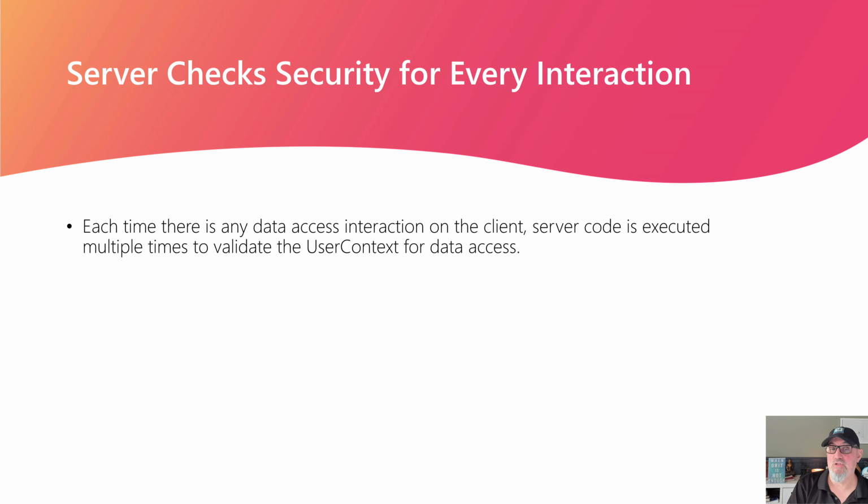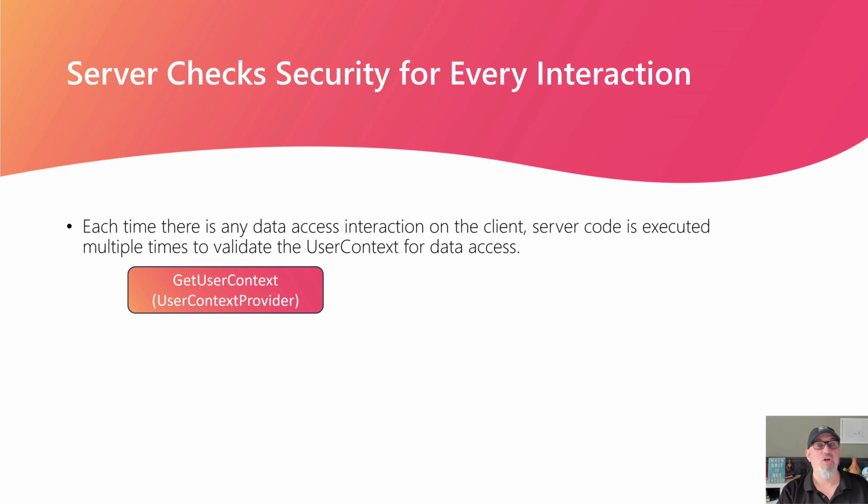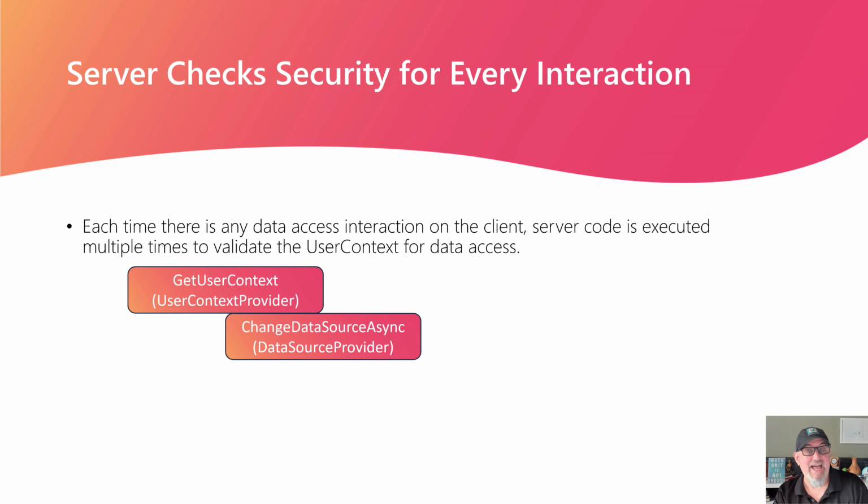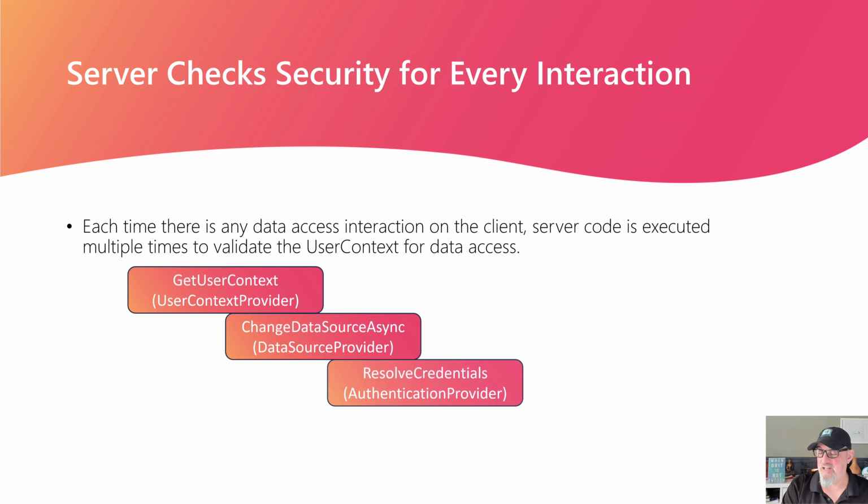If you do use user context and you are trying to implement security, you're going to see that we're hitting all of these functions on the server multiple times during that process. So when we attempt to access data, the first thing that we do is we check the user context. Then we go to the data source. What is the data source properties, and how do I connect to the data source with resolved credentials?